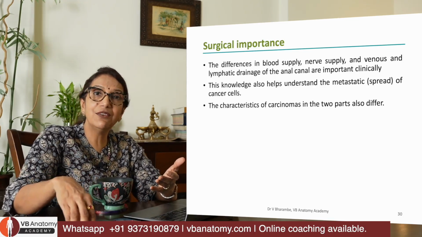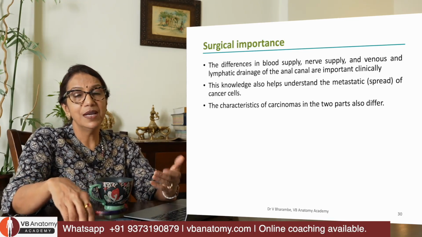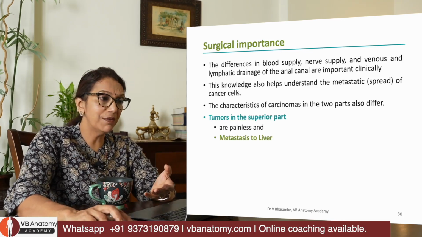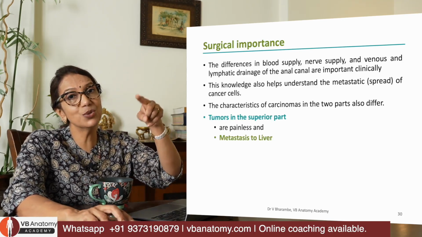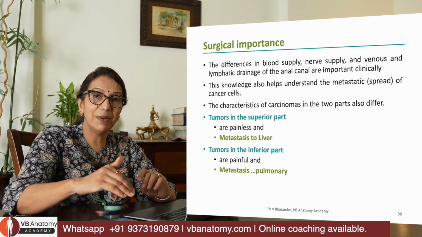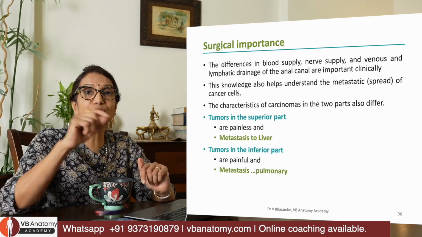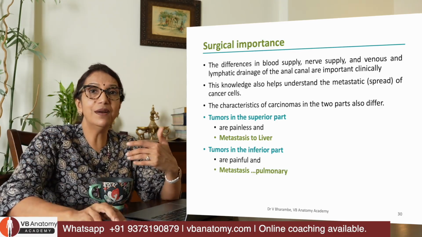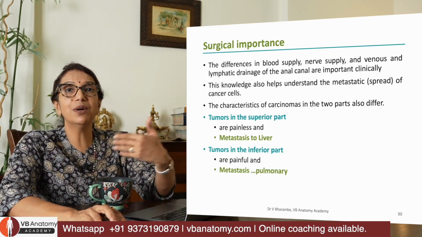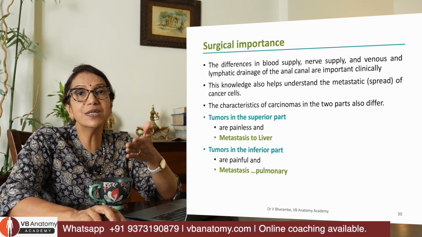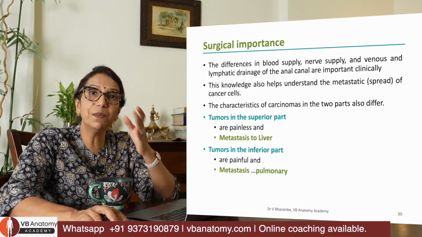You know that anal region cancers are very common. If the cancer is above the pectinate line, through the portal vein, it will metastasize to the liver. But if it is below the pectinate line, it's going to metastasize to your lung, through the vena cava to the lung. So you're now able to correlate what you're seeing in development with what you're seeing in your patients, in your practice.